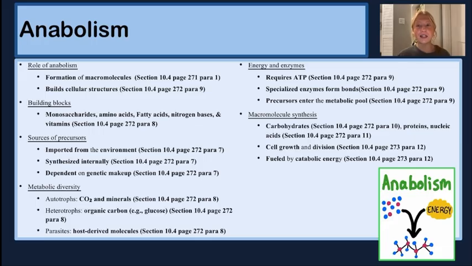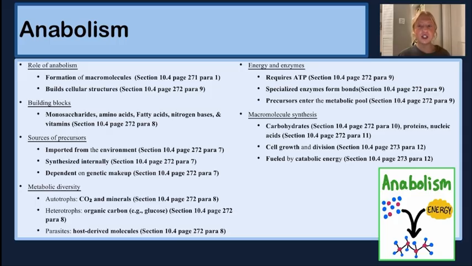And finally, there's anabolism. Anabolism is the formation of molecules, so macromolecules and cellular structures. This involves building complex molecules from simpler building blocks like monosaccharides, amino acids, fatty acids, nitrogen bases, or vitamins.